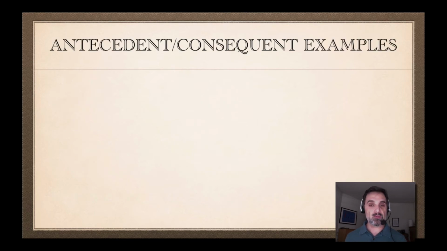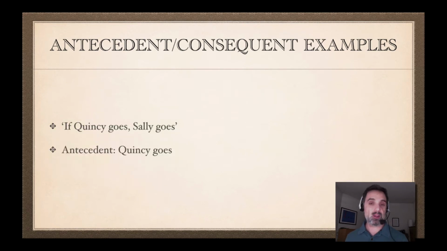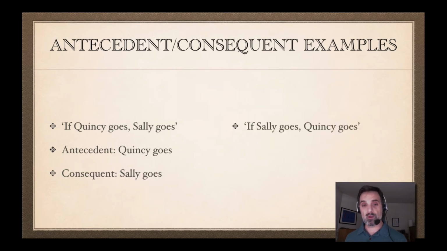So just to have some brief practice with these terms. Say, if Quincy goes, then Sally goes. So what's the antecedent? The antecedent is the if part. In this case, Quincy goes is the if part. So the antecedent is Quincy goes. And the consequent is the remainder. It's the then part. It's Sally goes. How about, if Sally goes, Quincy goes?